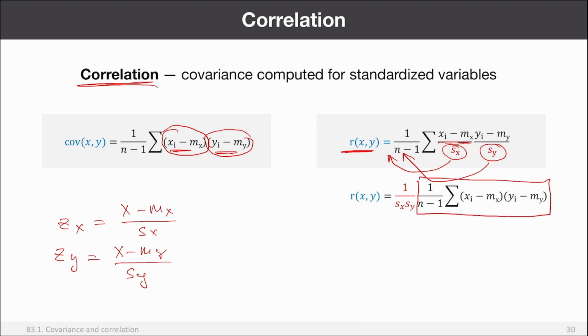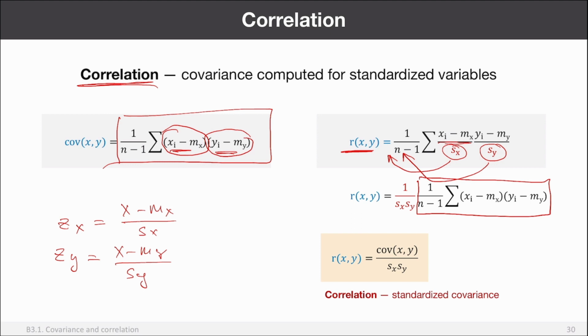This is exactly the covariance. So it means that the correlation is simply standardized covariance. You calculate covariance first, and then divide by the standard deviation of x and the standard deviation of y. So that's the meaning of correlation. Or strictly speaking, this word has two meanings. It's a property of two variables to relate, but also it's a statistic.